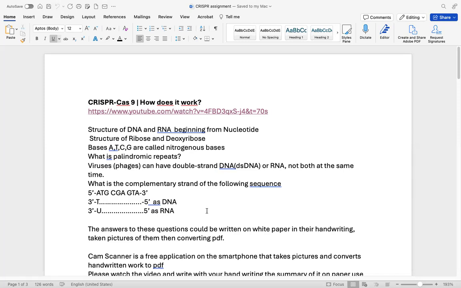So why are we looking at CRISPR technology? It is because it is now quite a trendy biomarker. We have discussed biomarkers like DNA, antibody, aptamer.